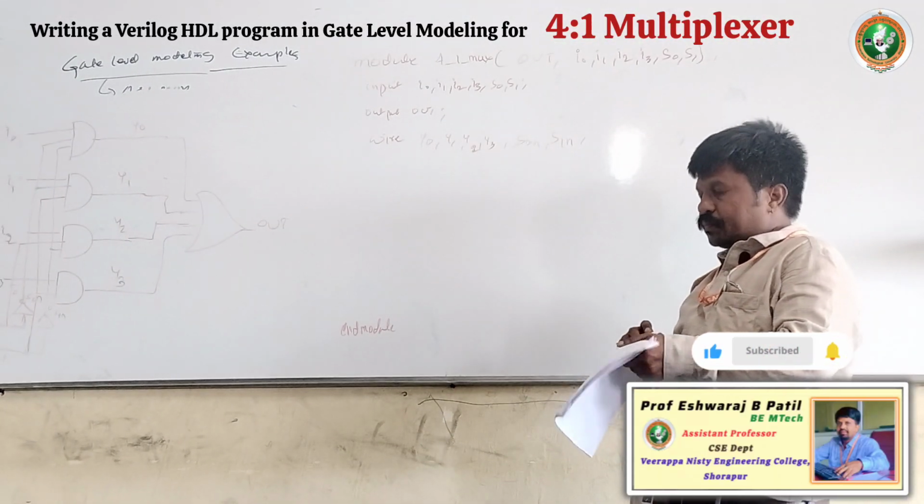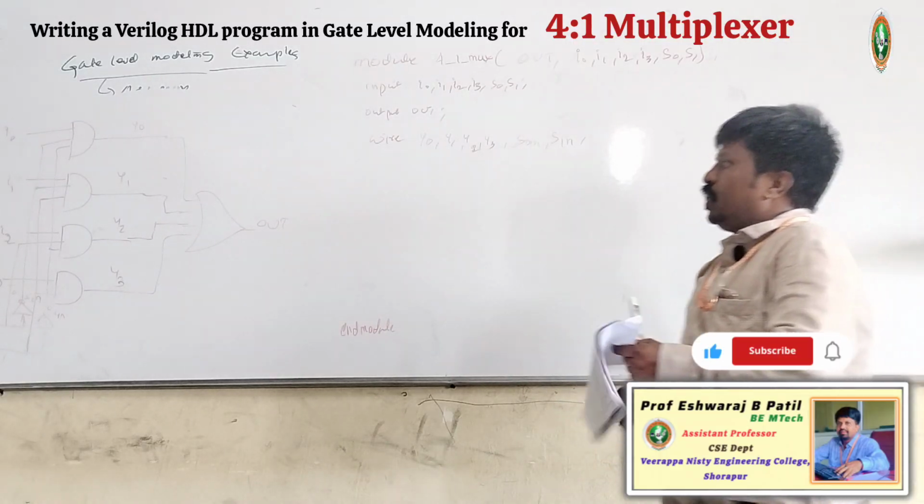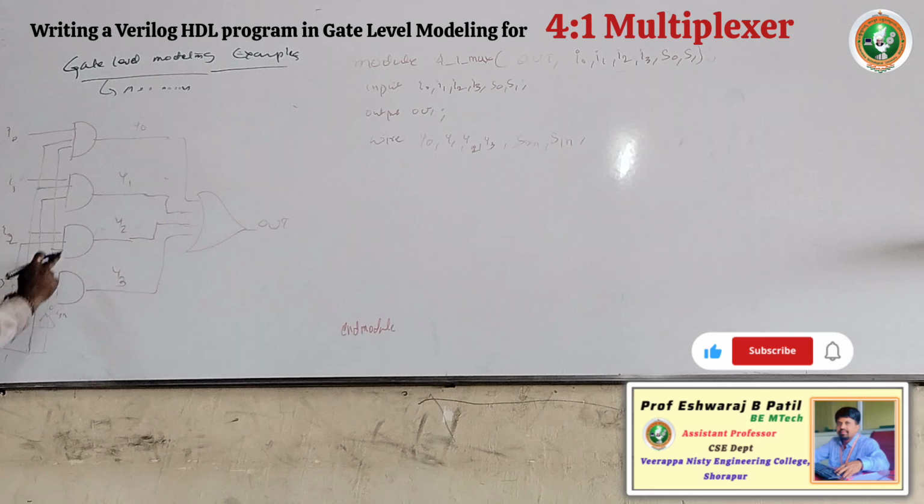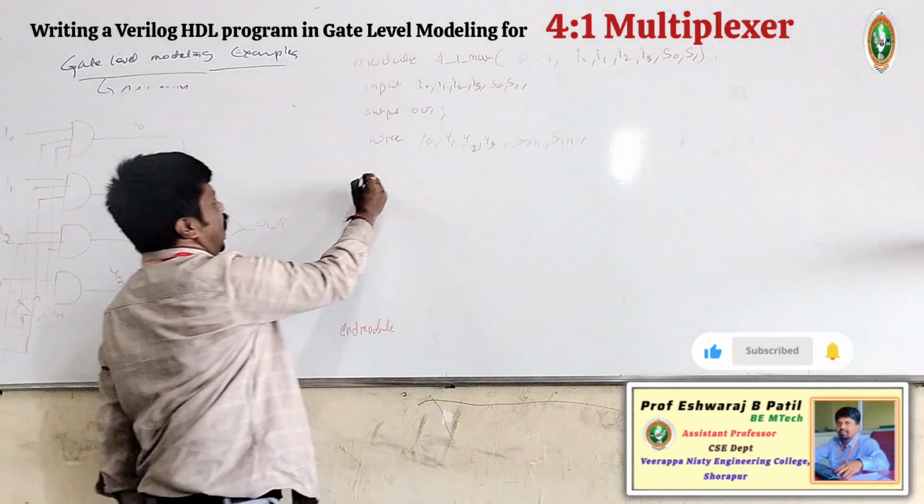Okay, then define how many gates there are. First AND gate, second AND gate, third AND gate, fourth AND gate. Just write the AND gate first.